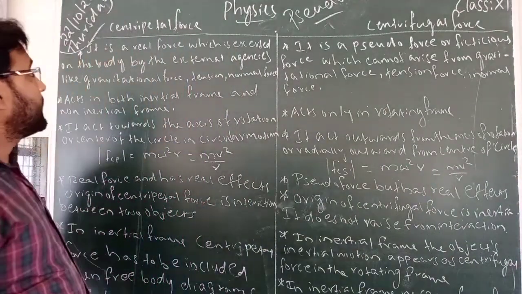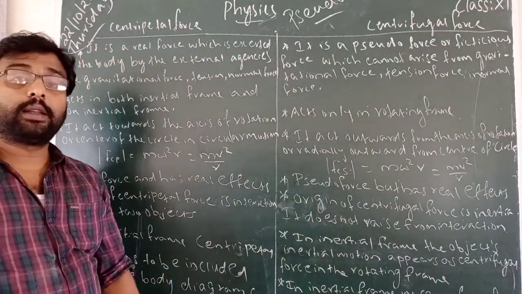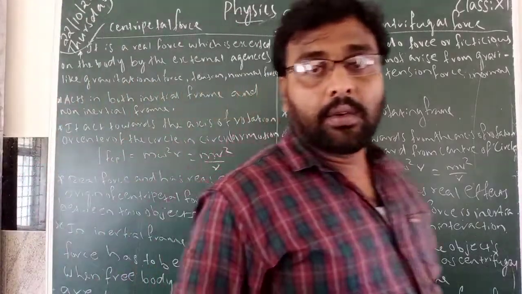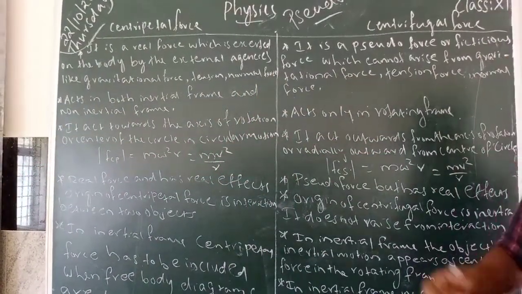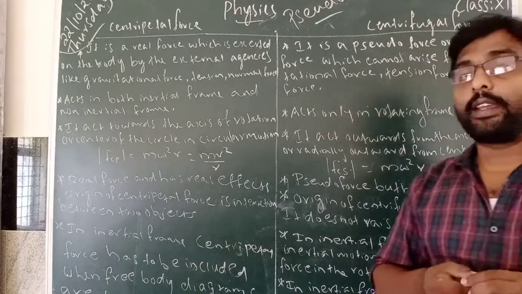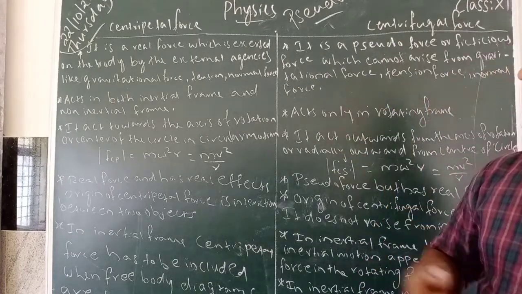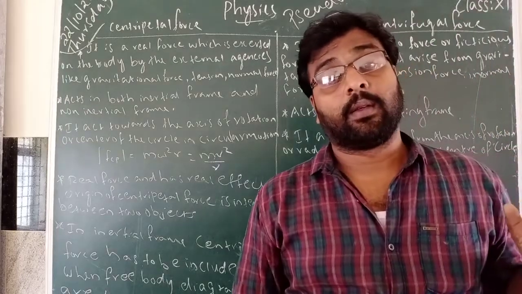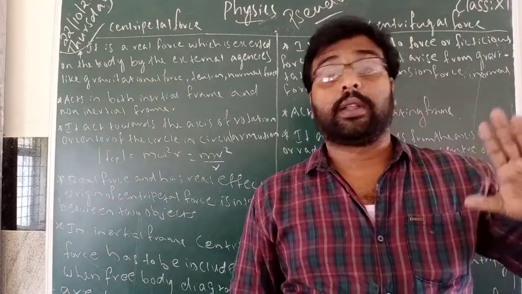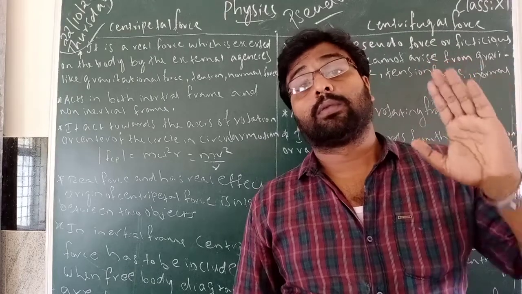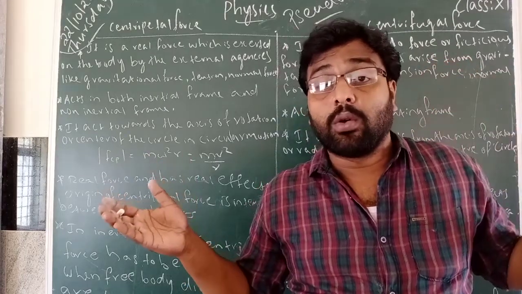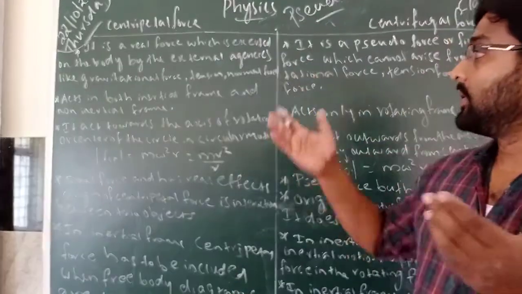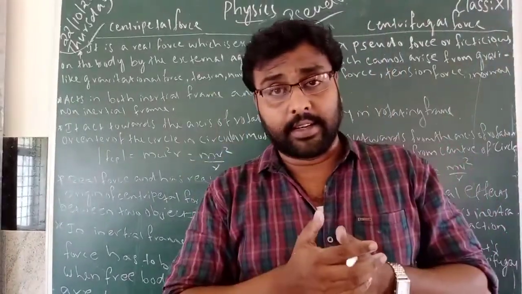The first difference is centripetal force. It is a real force which is exerted on the body by the external agencies like gravitational force, tension force, normal force, etc. Before, we know that centripetal force is provided by gravitational force, frictional force, tension in the string.